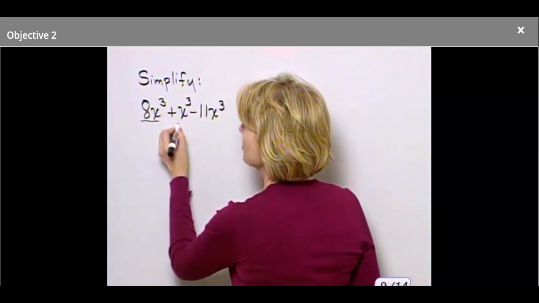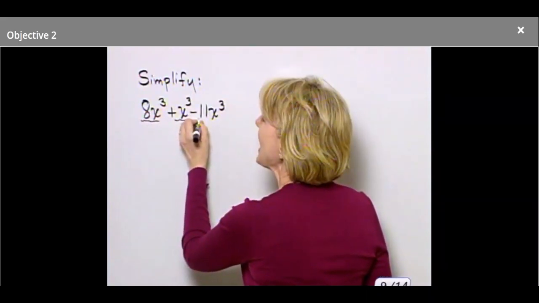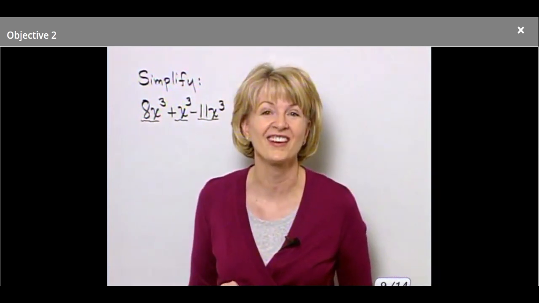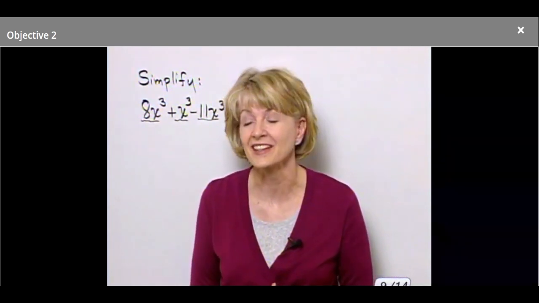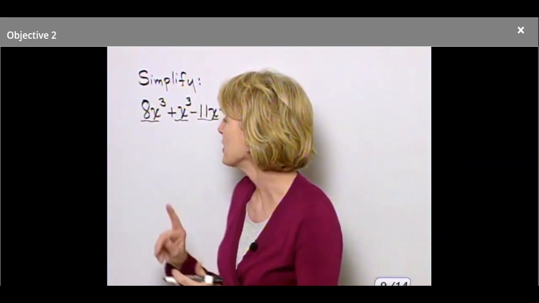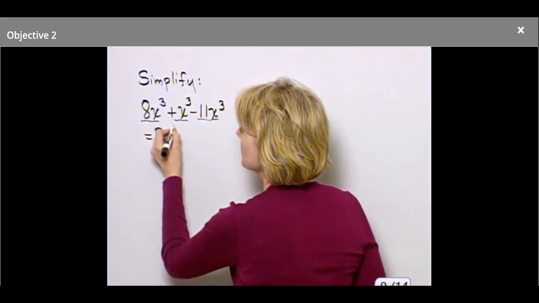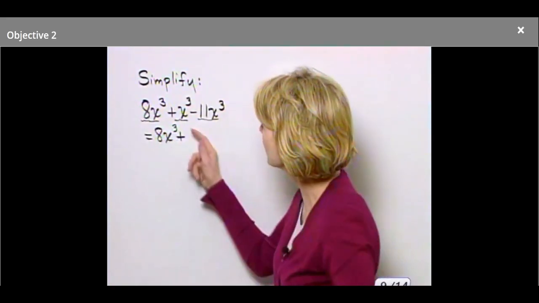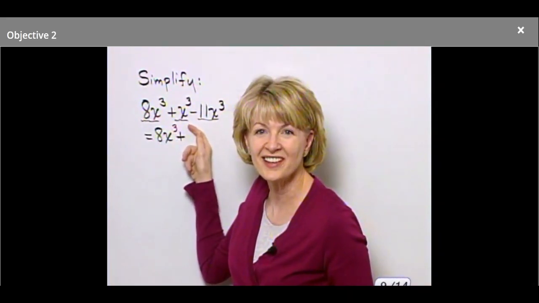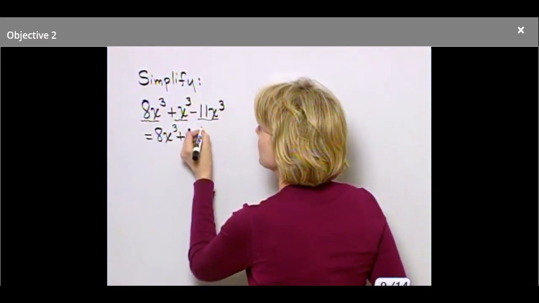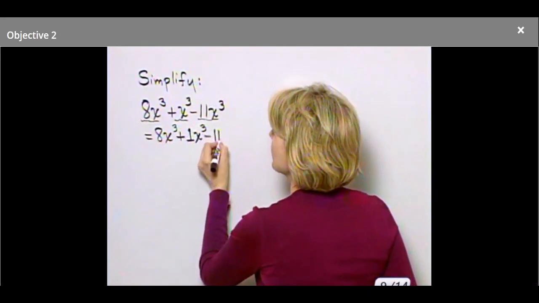Notice this term, and in fact this term, all three of those terms are like terms, so we can combine them. Now, if it helps, this is 8x cubed plus, what is the numerical coefficient here? It is 1, so 1x cubed minus 11x cubed.